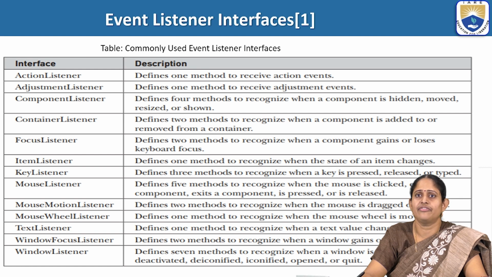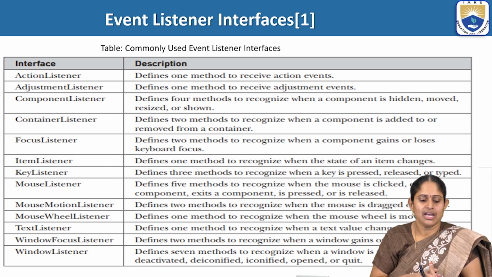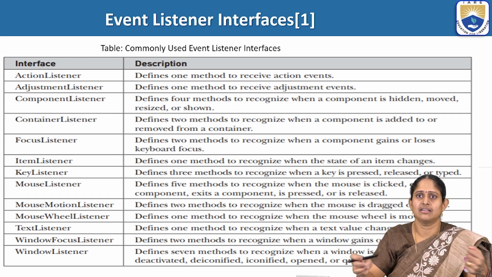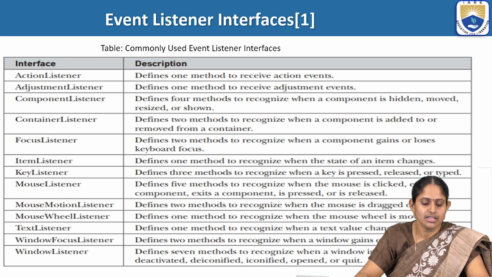Container listener defines 2 methods to recognize when a component is added to or removed from a container. The focus listener defines 2 methods to recognize when a component gains or loses keyboard focus. Item listener defines 1 method to recognize when the state of an item changes.